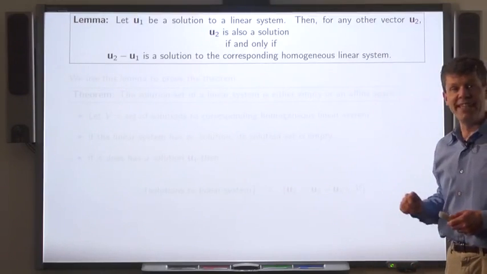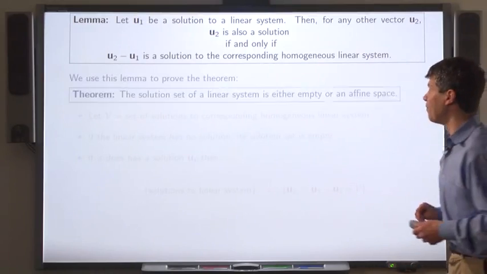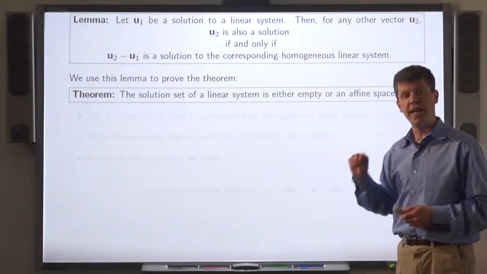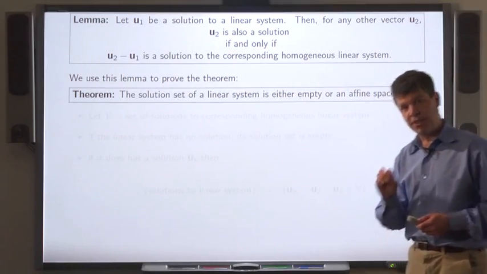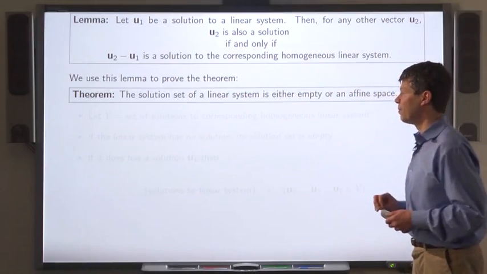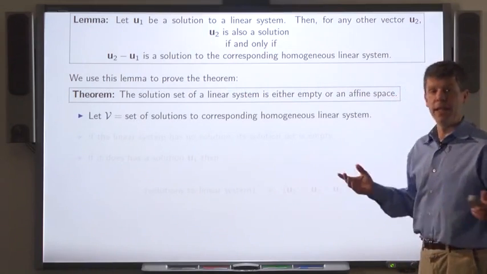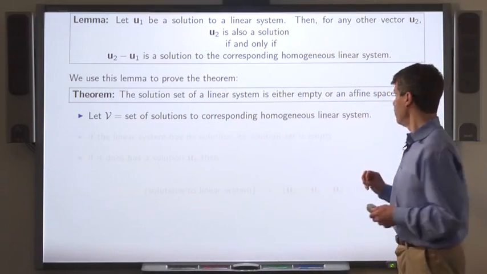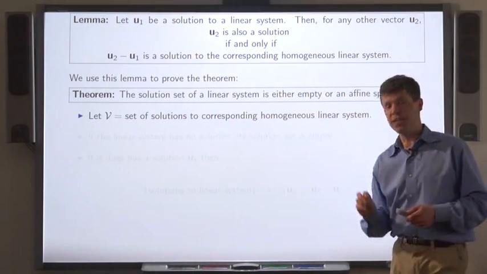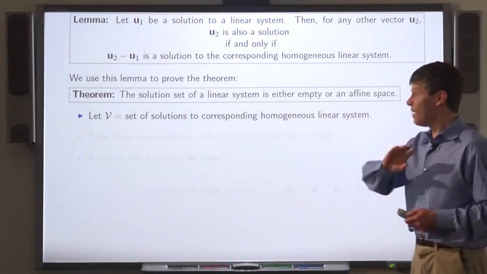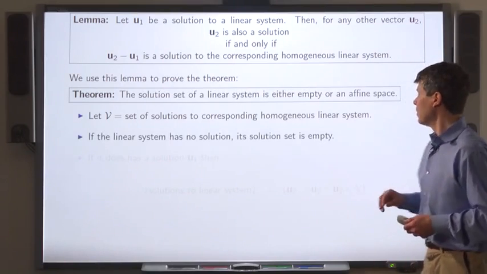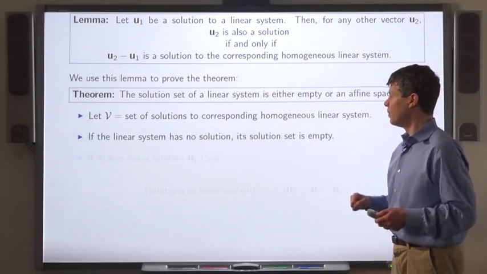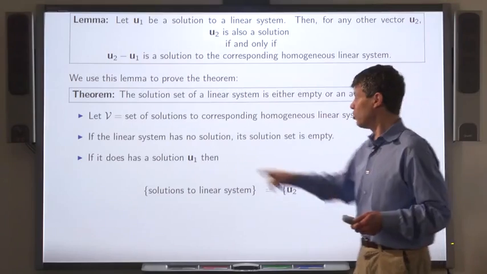So here's the lemma. Let's see how we can use it to prove the theorem. We need to show that the solution set of a linear system is either empty or an affine space. Okay? Let big V be the set of solutions to the corresponding homogeneous linear system. Now, there are two possibilities. If the linear system has no solutions, then its solution set is empty. That's this case. Otherwise, it has some solution, u1.